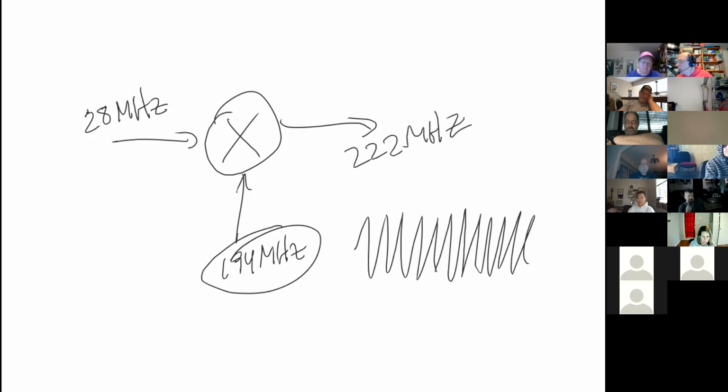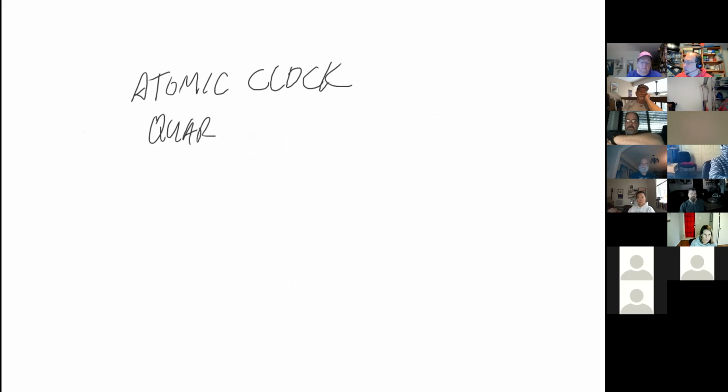Another real world application of this is something called an atomic clock. This is what we use for timekeeping. There's another one that's a quartz crystal clock. If you like your watch and want to keep accurate time, you have to generate an accurate frequency in order to do that.